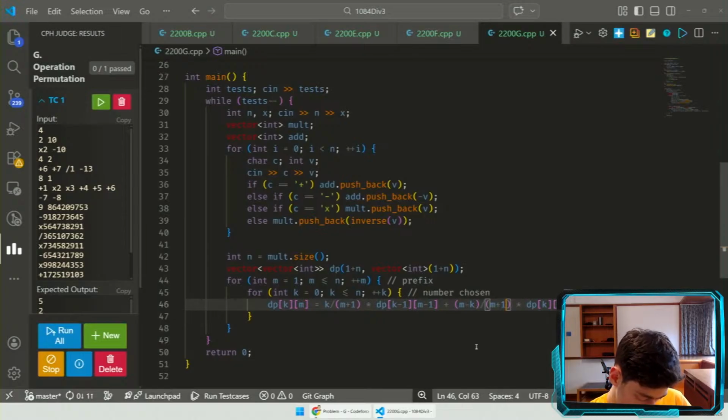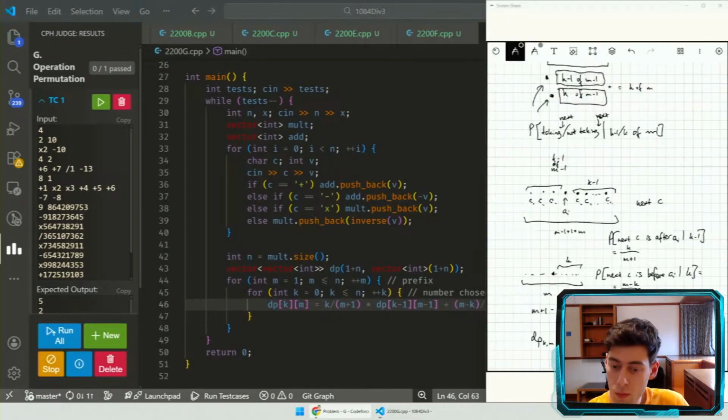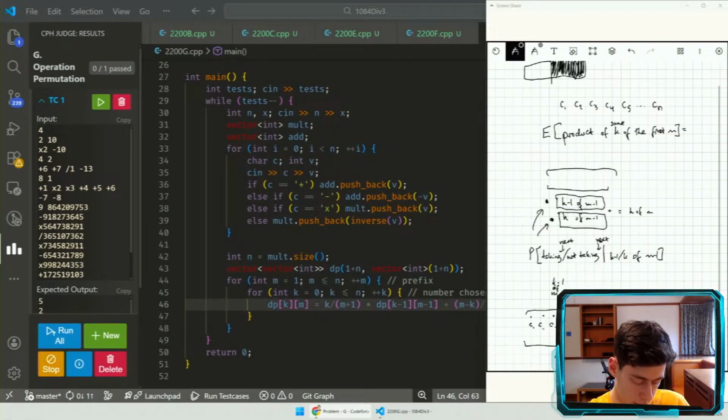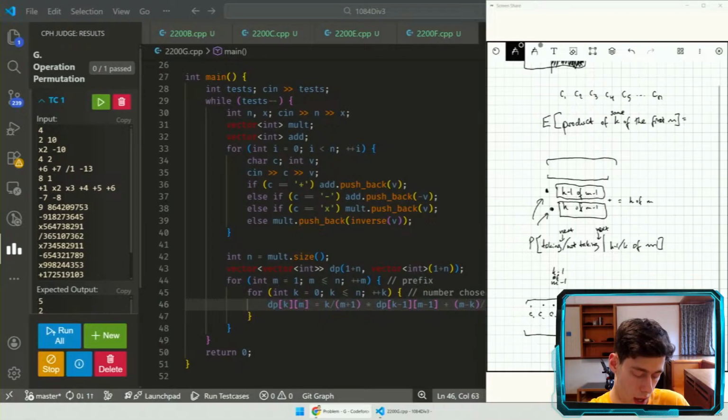We got a Bayesian mistake in the mix. So what does dp represent? dp represents the expected product of some k of the first m.